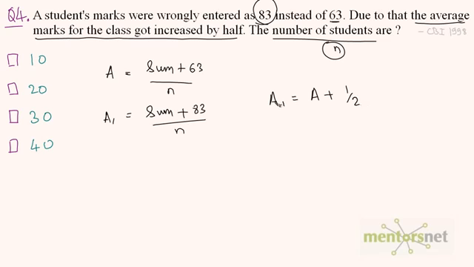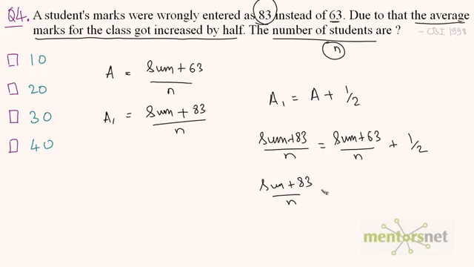So the new average is sum plus 83 by n, and the old average is sum plus 63 by n, plus half. So sum plus 83 by n equals twice sum plus 63 plus n by 2n.